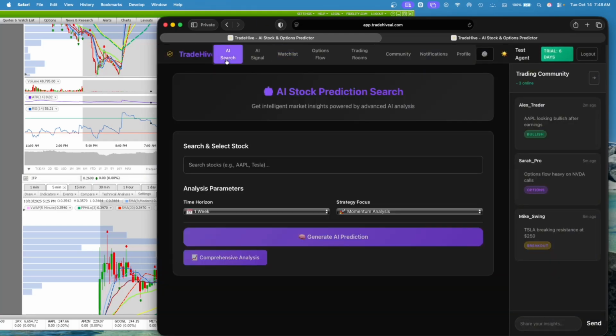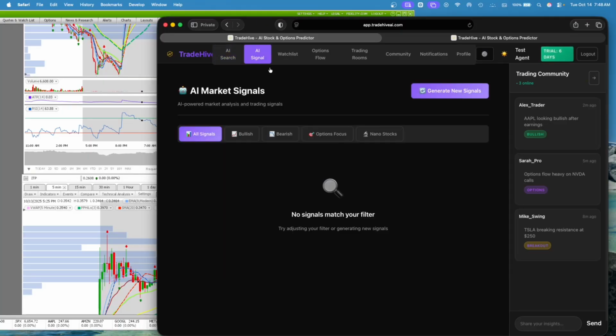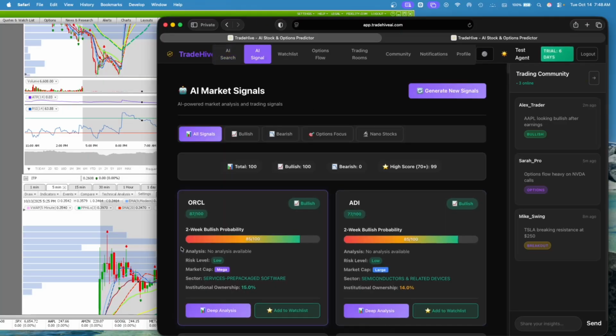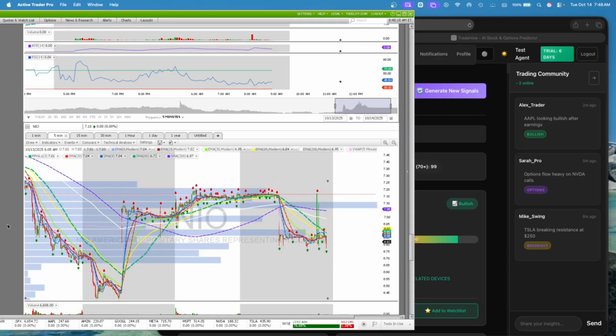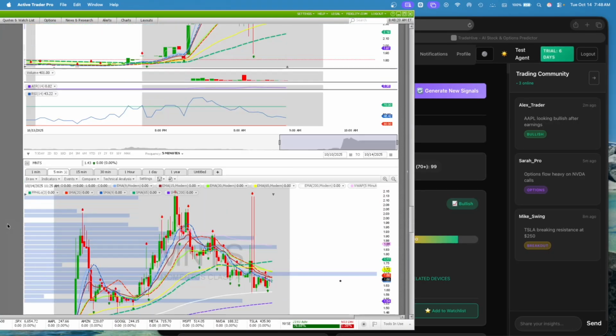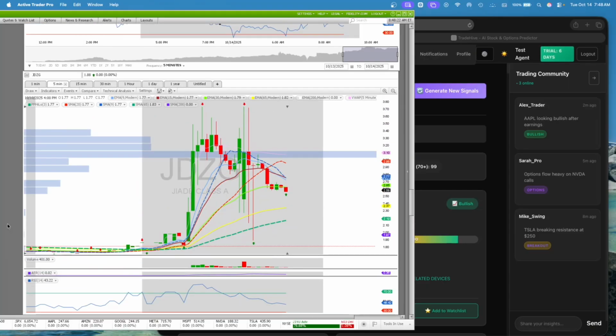So second, what I do is I already know the stock that I'm going to buy, because I look at the AI signal and pick up some stock. Oracle is booming today. So if you know October 14th, it is booming, right? So it's going to go up. So basically, I pick the stock that I really want to look at, and mostly I'm going to swing trade them or day trade them, right?